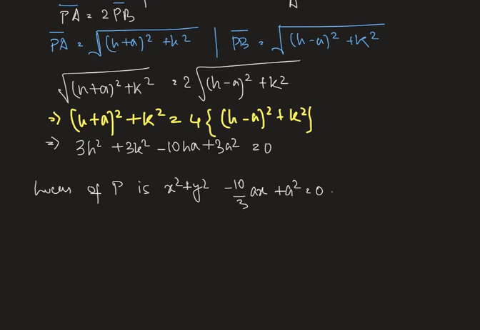From this equation we also get x minus 5a by 3 whole square plus y square is equal to 4a by 3 whole square, which is the equation of a circle.